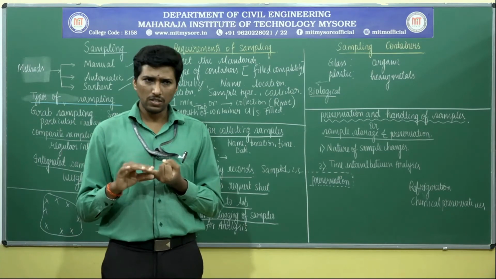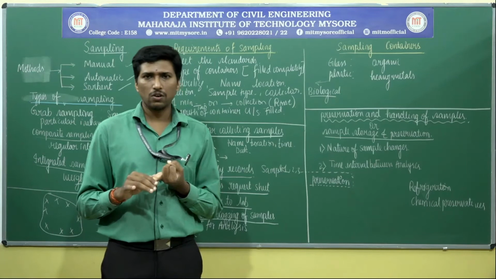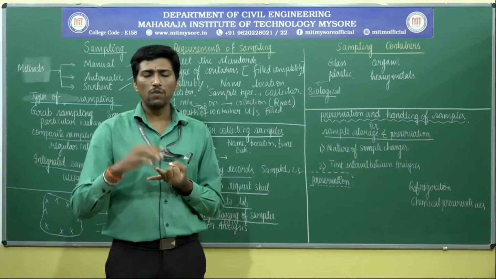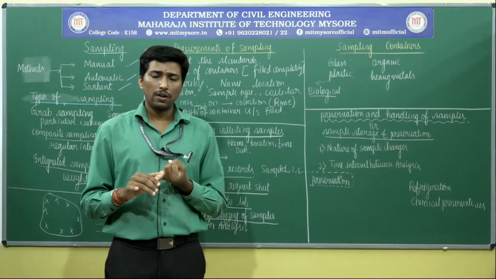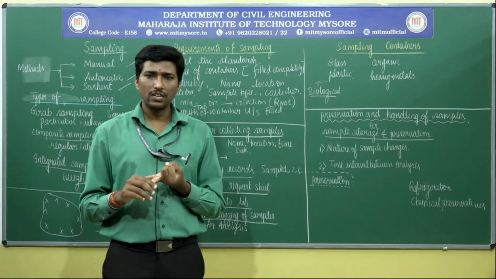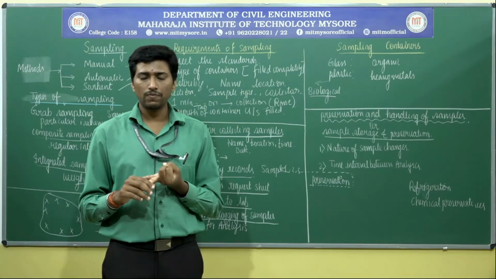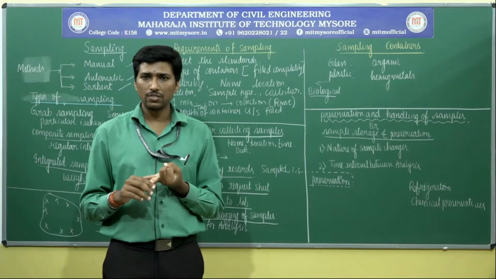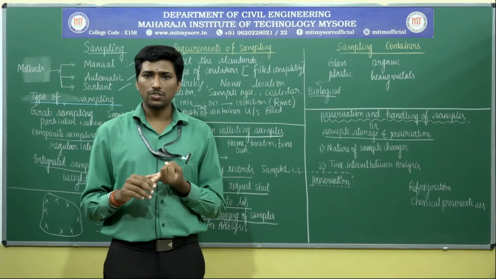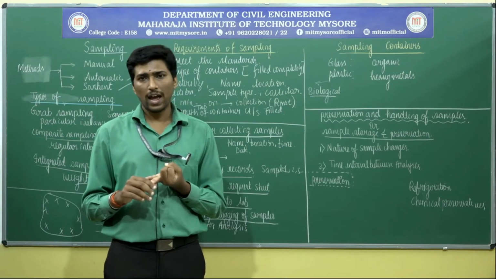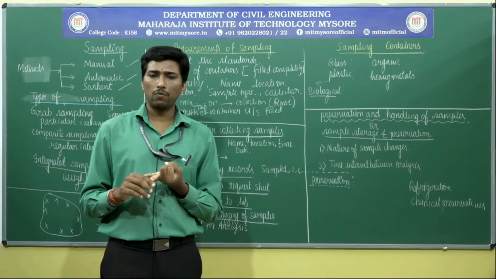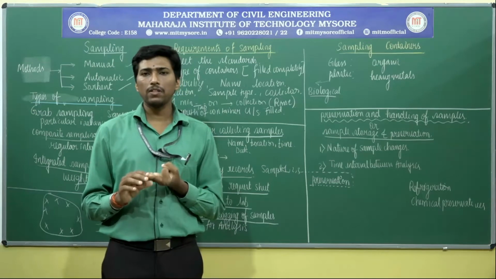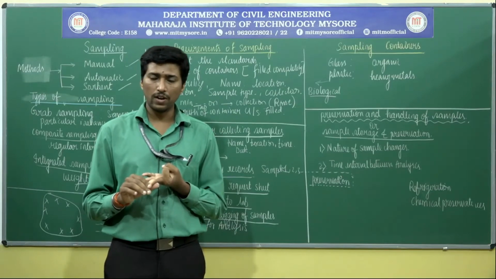The analyzed part of the samples may contain acid or water. Adding water to acid will lead to an exothermic reaction. Due to the exothermic reaction, heat is liberated. Sometimes the material or glass apparatus used will crack or burst right there itself. That has to be avoided, and toxic fumes may also be generated.